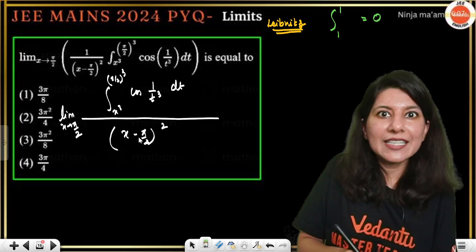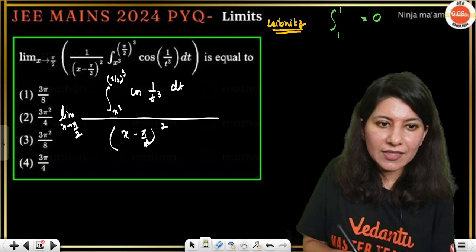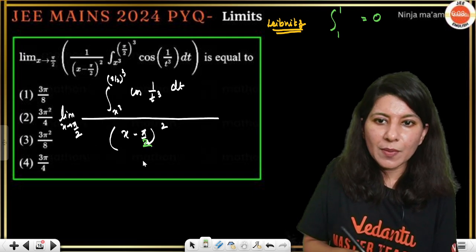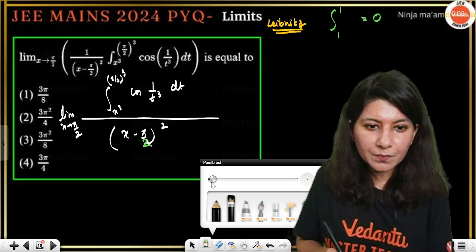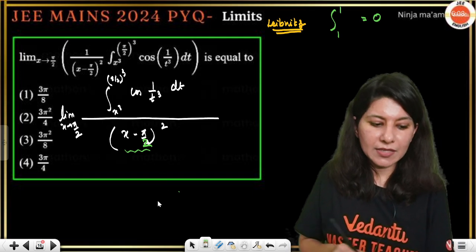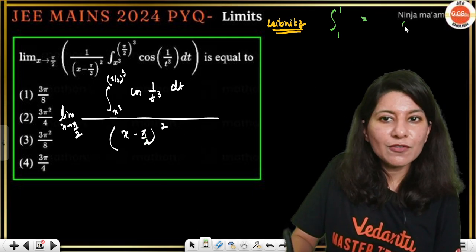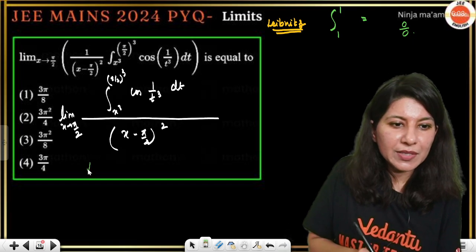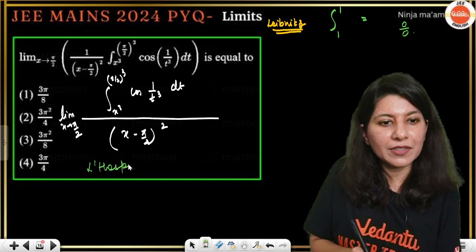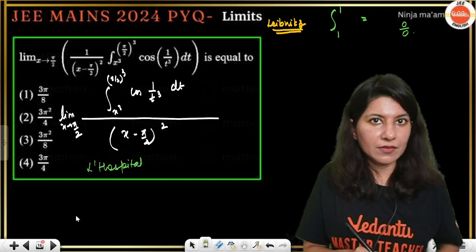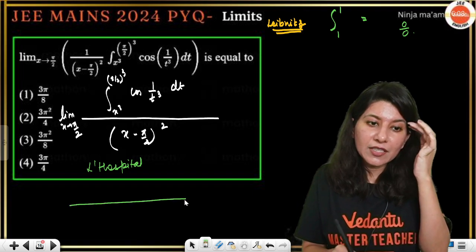So this numerator is becoming 0, and obviously you can clearly see the denominator is also becoming 0, right? So 0 by 0 form is getting created. So what we are going to do is apply L'Hopital to solve it. To apply L'Hopital, we have to separately differentiate the numerator and denominator.